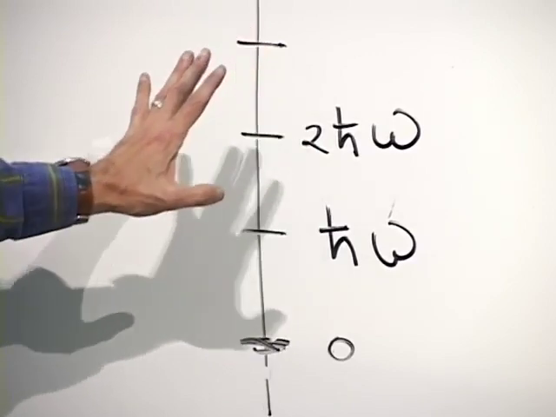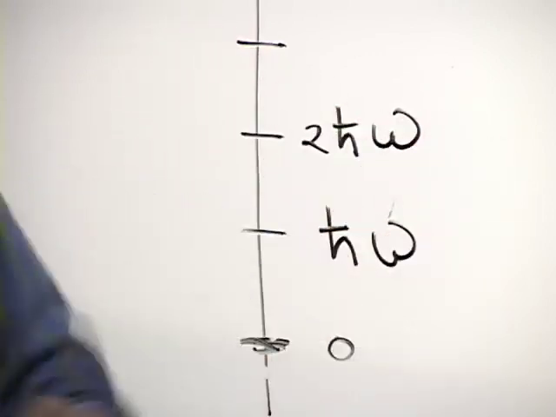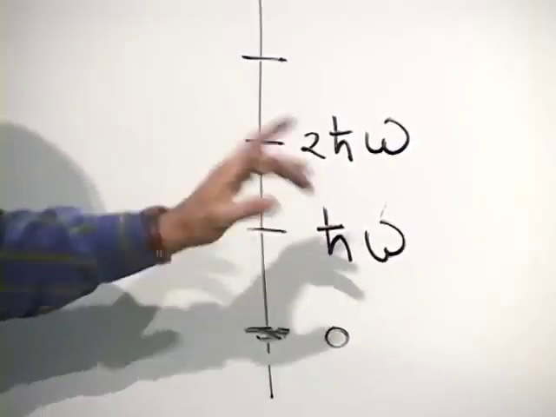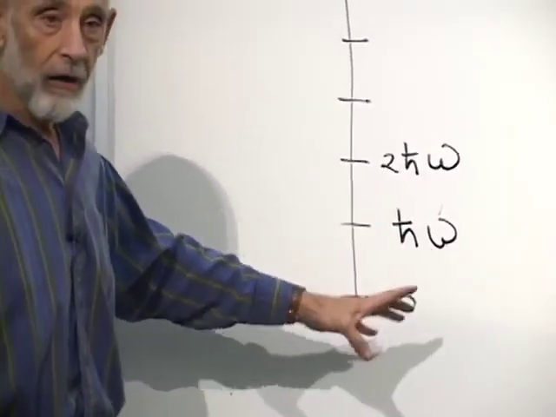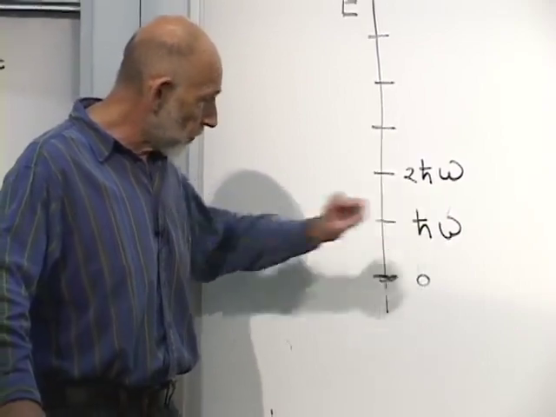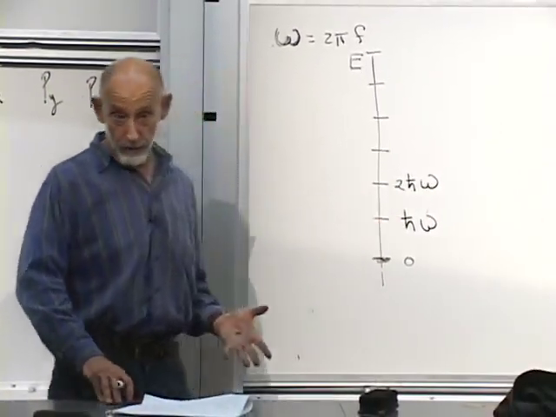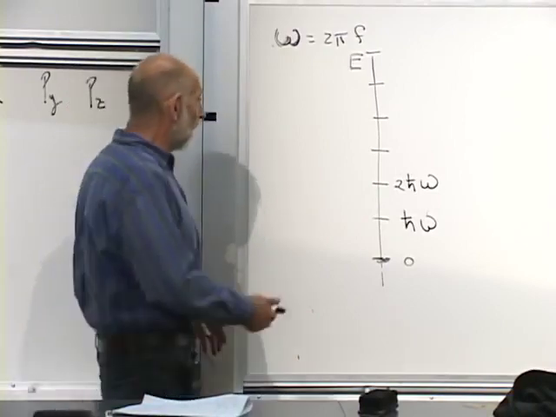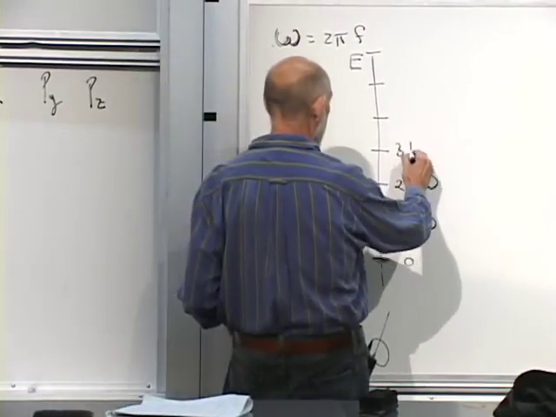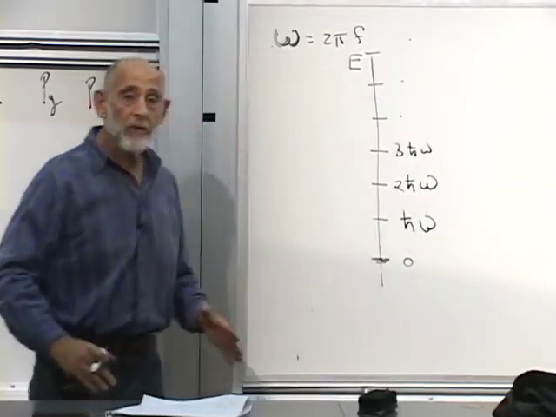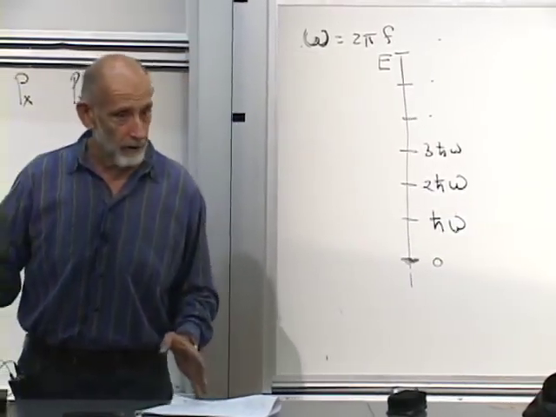Now, so far there are no photons. There's only springs and balls and oscillations back and forth. But nevertheless, this does have the energy of 1 photon associated with a frequency omega. This has the energy of 2 photons of frequency omega, and so forth. 3 h bar omega, and so forth. Those are the possible energies of the harmonic oscillator.